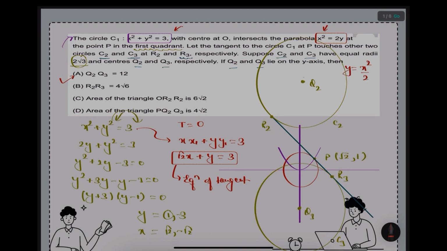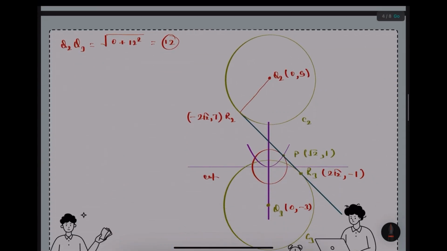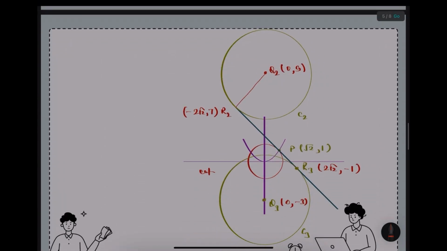Now I'll go with R2 and R3, the second option. This time we are interested in finding the distance between R2 and R3. You know R2, you know R3. So x2 minus x1 whole square: 2 root 2 minus minus 2 root 2 becomes plus 4 root 2. So 4 root 2 square is 16 into 2, 32.